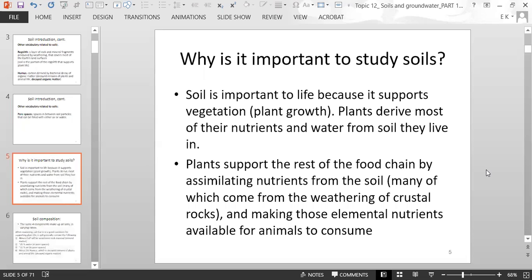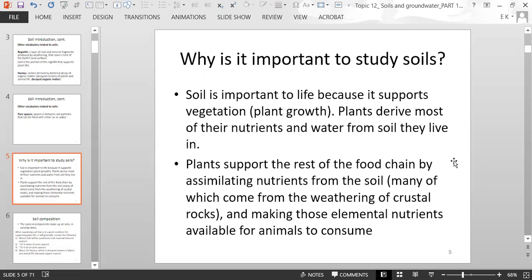So why is it important to study soils? Soil is an important component that supports life. It supports vegetation or plant growth. Plants derive most of their nutrients and water from the soil that they live in.